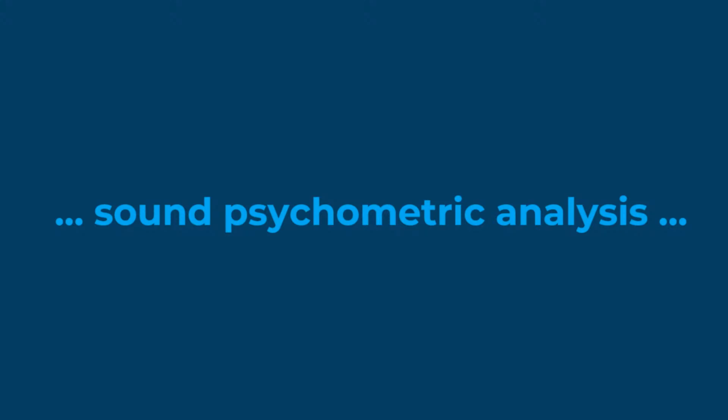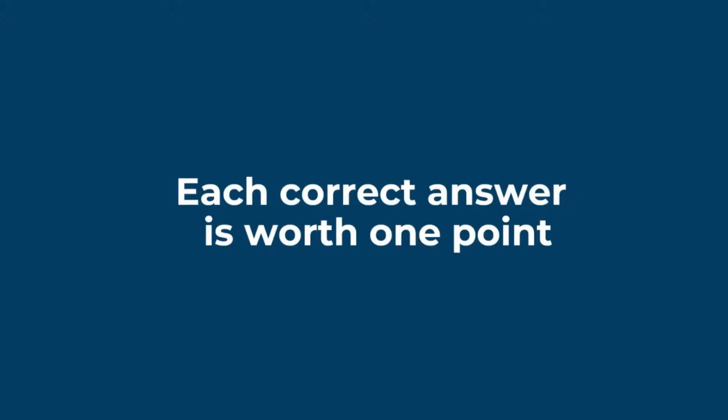Then each scored question on the exam is worth 1 point, and your final exam score is calculated by totaling the points you have earned on the exam. The number of questions you answer correctly then places you within one of what PMI calls their performance rating categories.